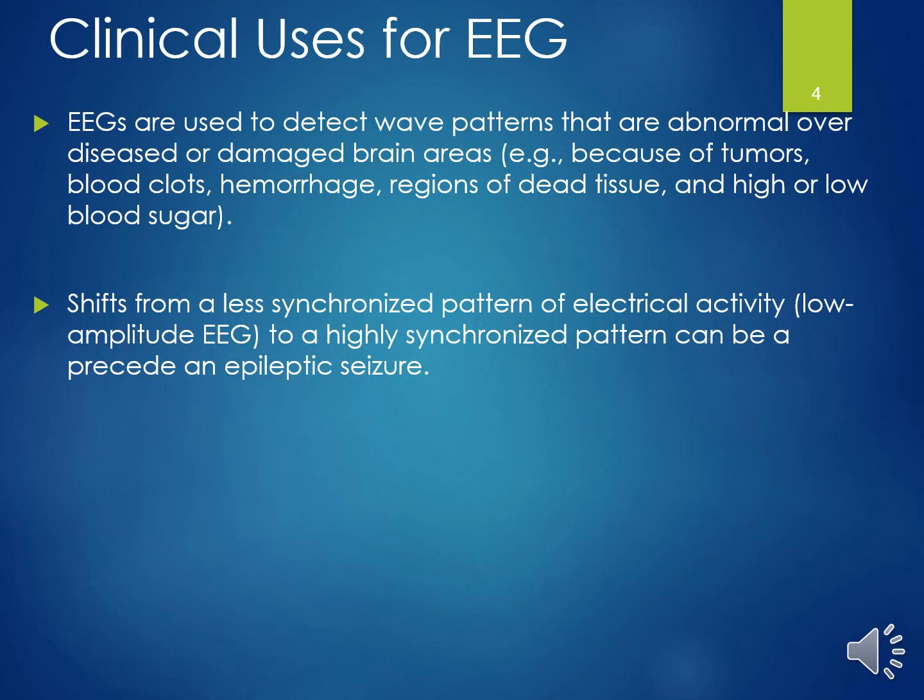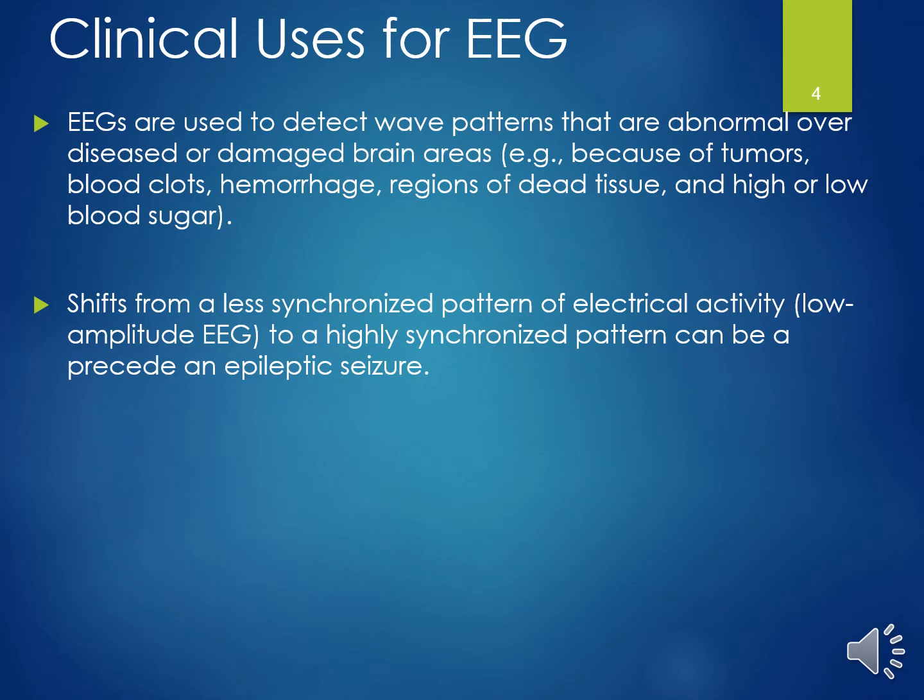So what do we use the EEG for? EEGs are used to detect wave patterns that are abnormal over diseased or damaged brain areas. So we can look at tumors, we can look at blood clots or hemorrhages, which could mean that this individual has had a stroke.